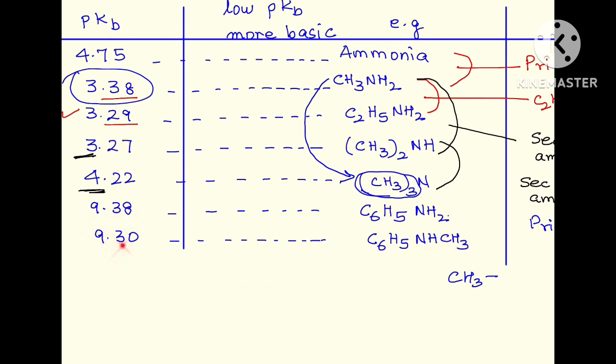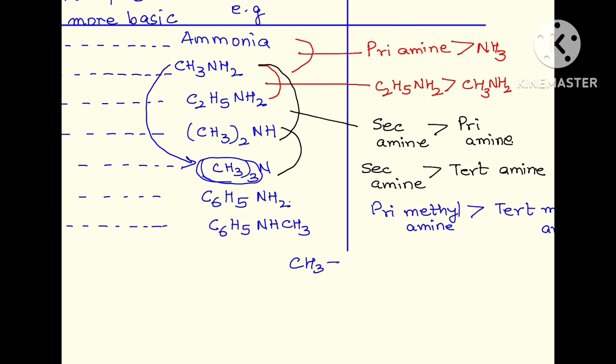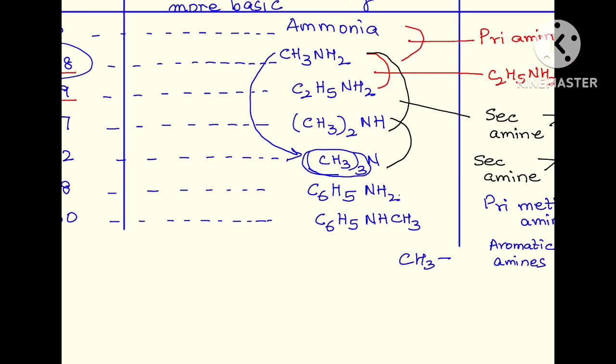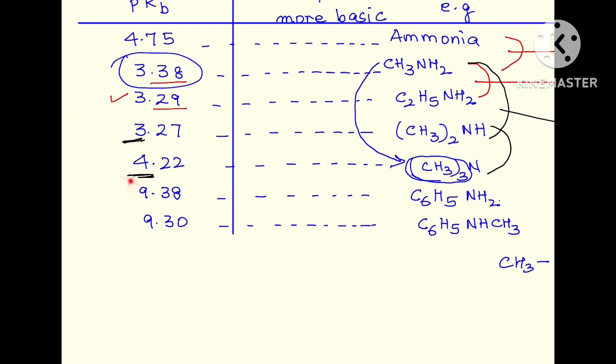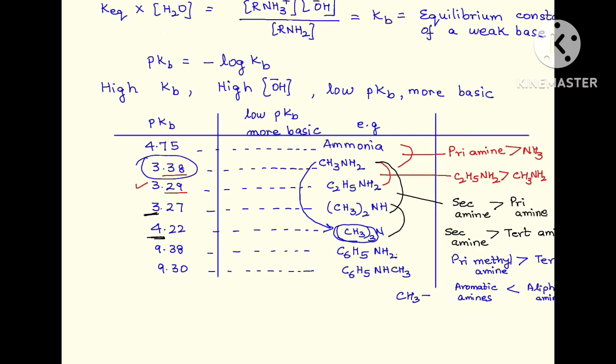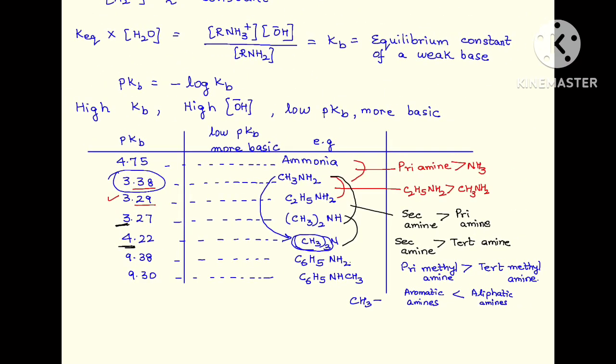Again, 9.30. So what do you notice over here? The basic character of aromatic compounds is less or more? Yes, it is less than those of aliphatic amines. Higher the value of pKb, lower the basic character. Simple rule of thumb. Remember it.